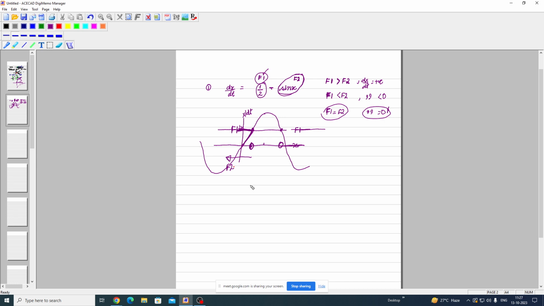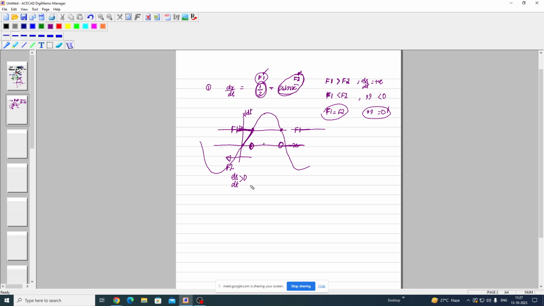When in Cartesian geometry function 1 is above function 2, it means that function 1 is bigger than function 2. So when this is bigger than sine x, their subtraction will be positive. So here I know that dx by dt is positive to the left side of the fixed point.